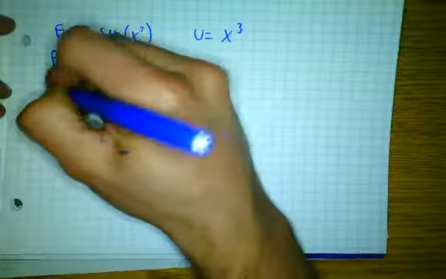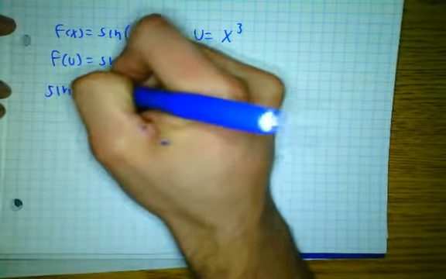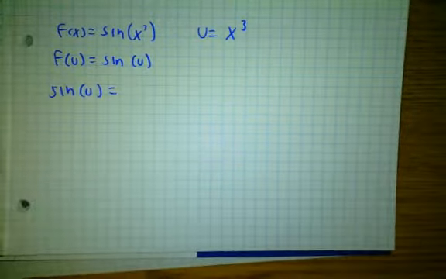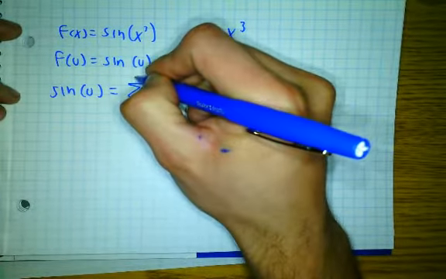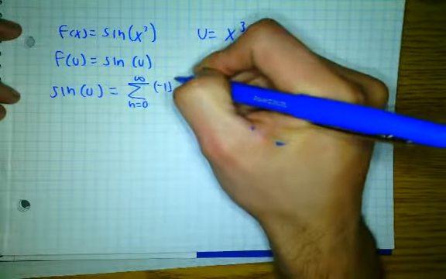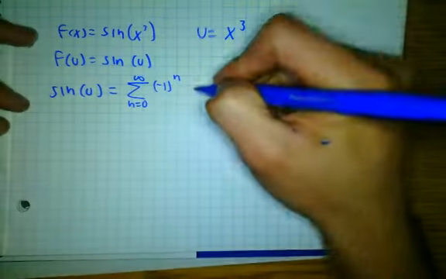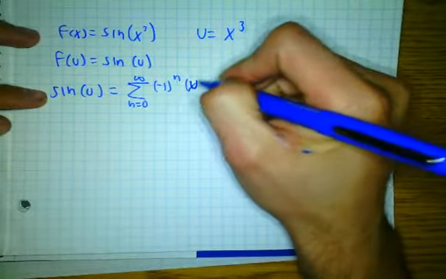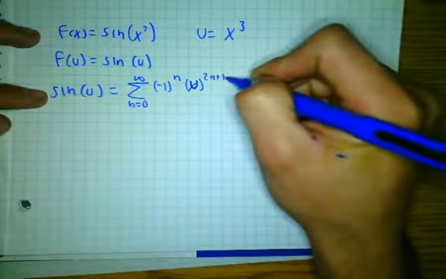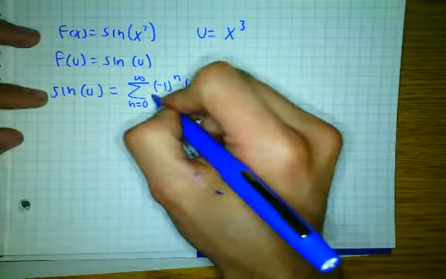What does the series of sine of x look like? Negative 1 to the n, x to the, well, I'm going to use u since I'm using u right here. u to the 2n plus 1 over 2n plus 1 factorial.